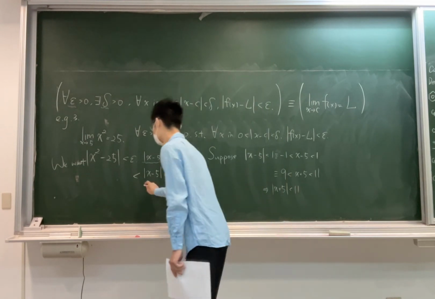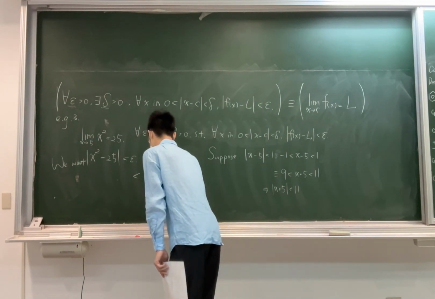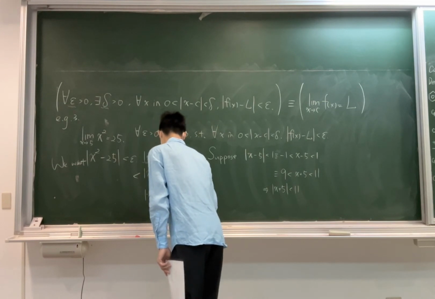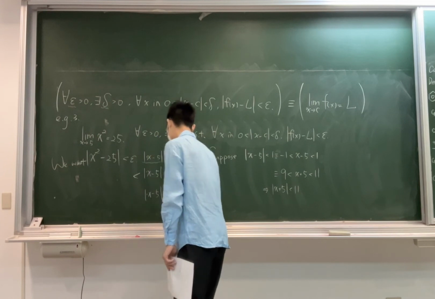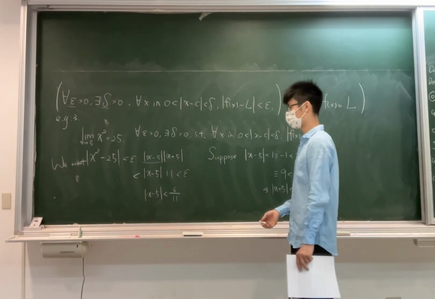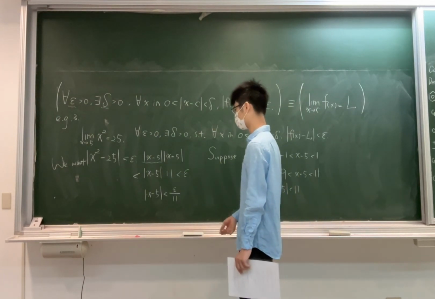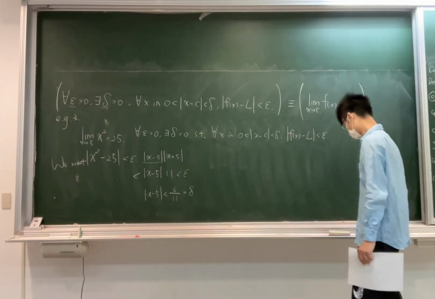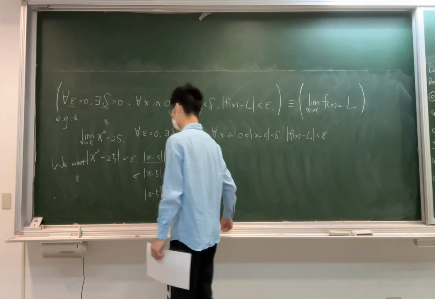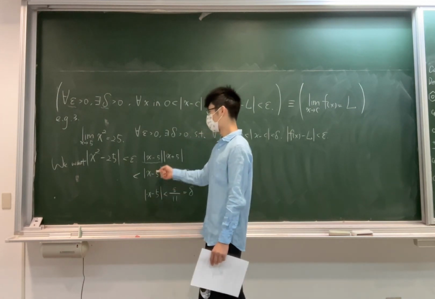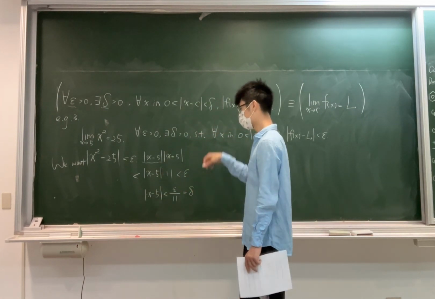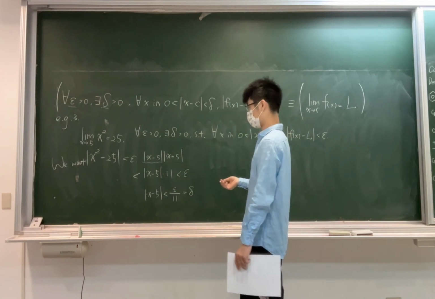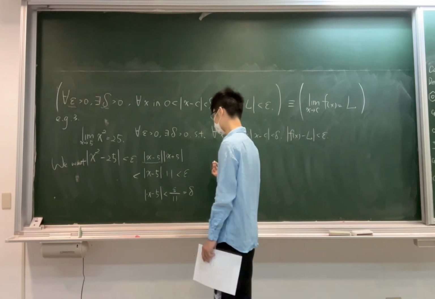So we can have the inequality that the absolute value of x minus 5 is less than epsilon over 11, and we can take it. So here is what we want, and actually we can find the delta from behind.